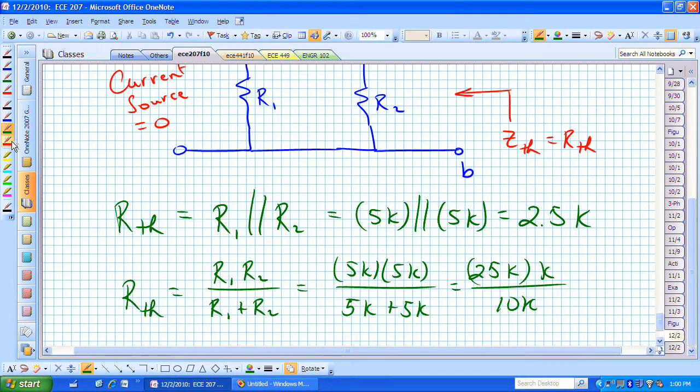One of those K's can be eliminated. That 10 can now be put into the 25, and we're left with 2.5K for our Thevenin resistance.